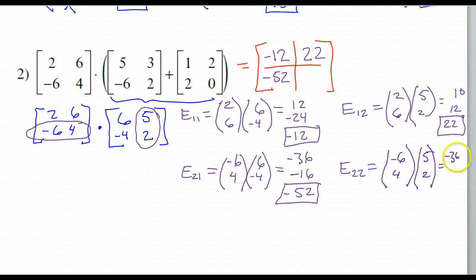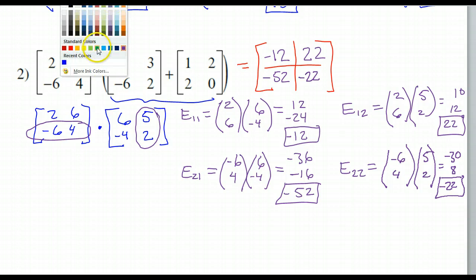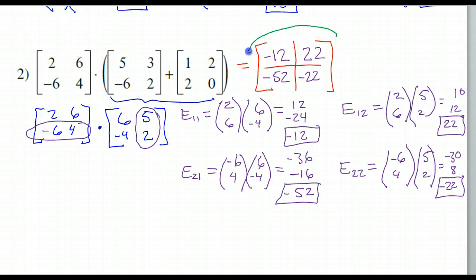So that's negative 30 and 8, which is negative 22. And once again, we have our answer. So this should be the answer for problem number 2.